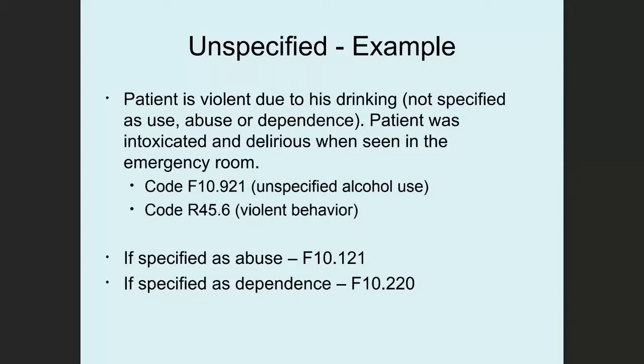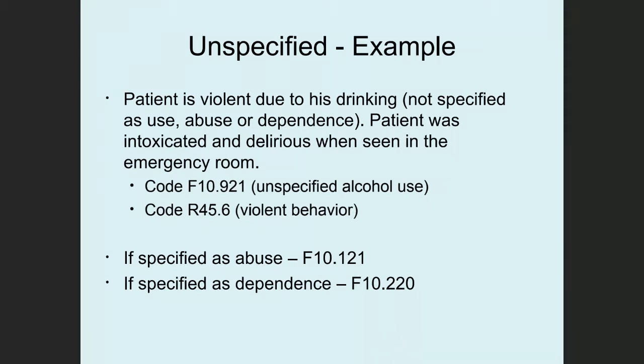So let's give an example of that, and this will make it somewhat clearer. The patient is violent due to his drinking, but it's not specified as use, abuse, or dependence. The patient was intoxicated and delirious when seen in the emergency room. So you would use F10.921, unspecified alcohol use, and also code violent behavior, probably the violent behavior first, because that's why they're being admitted.